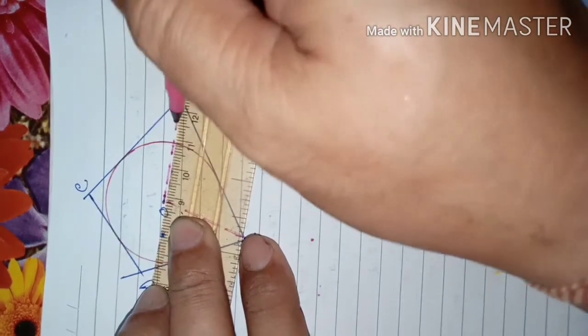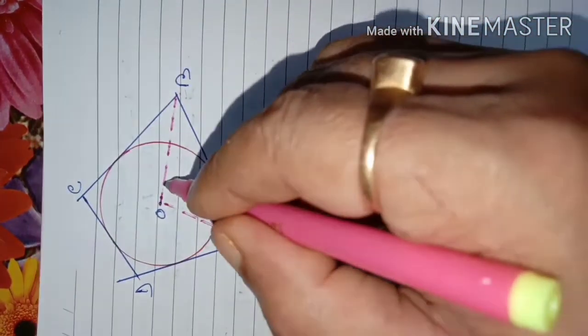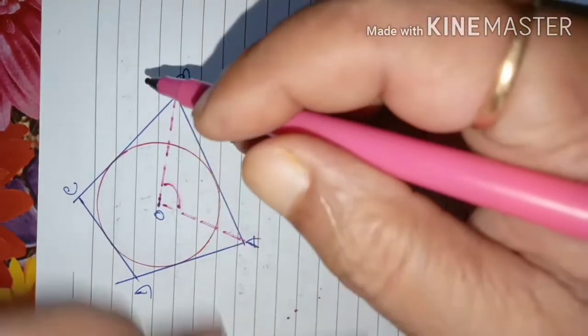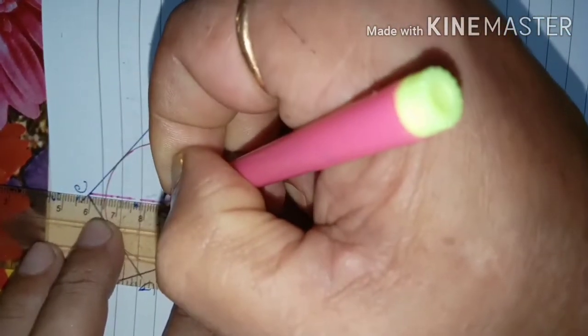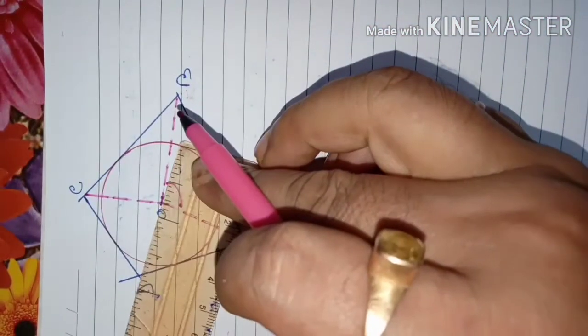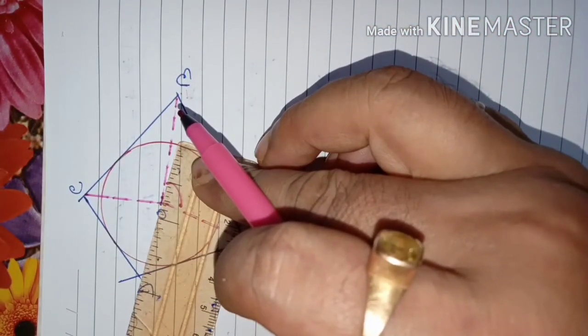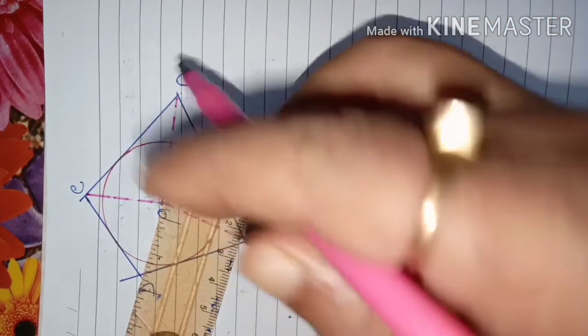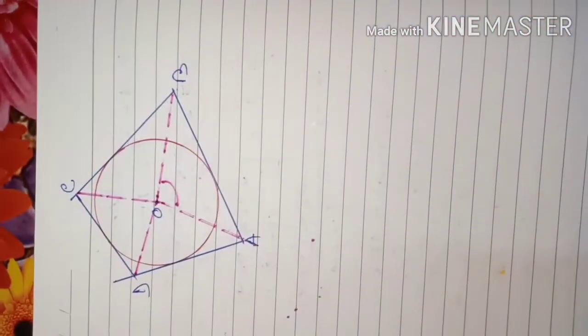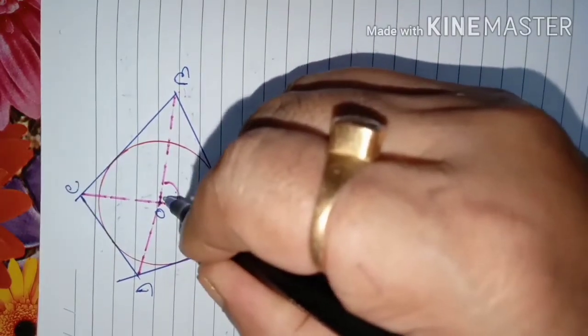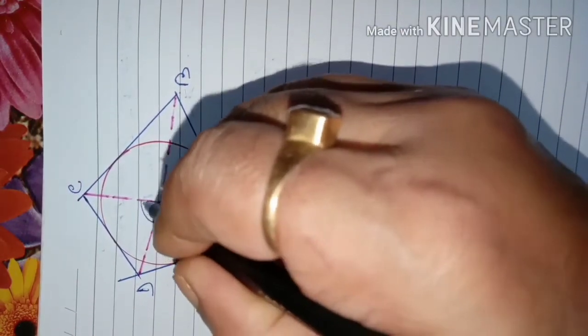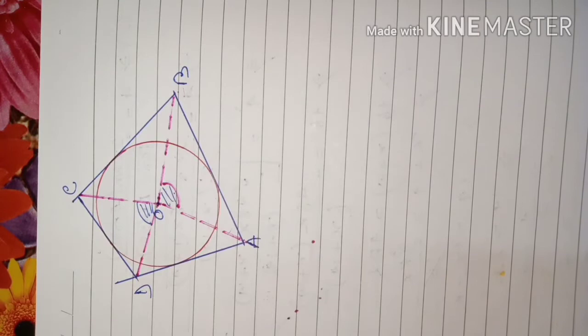You will get an angle here at the center. This angle and this angle, when you join this C with O and with D. So this angle and here this angle, these two angles are supplementary angles.